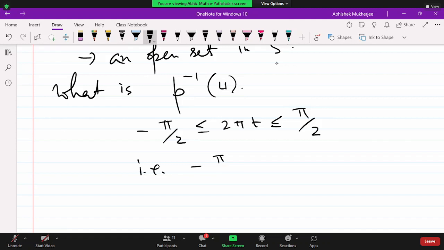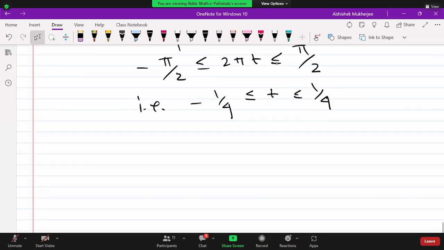So that means it is minus 1 by 4 to 1 by 4, right? And since every time you are rounding around this S1, you are getting this kind of region.